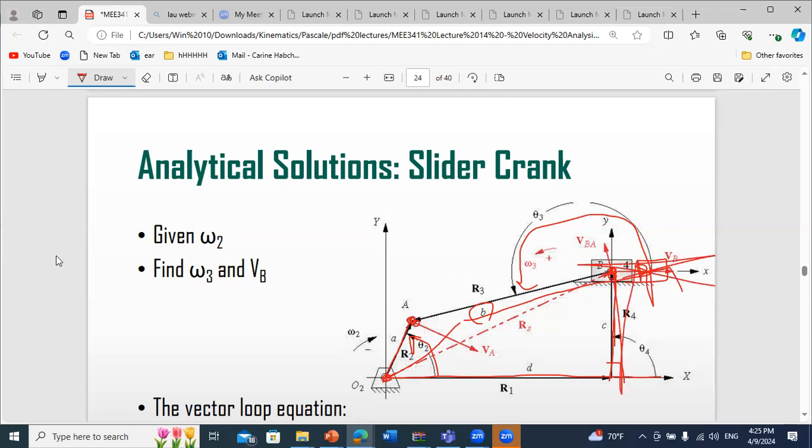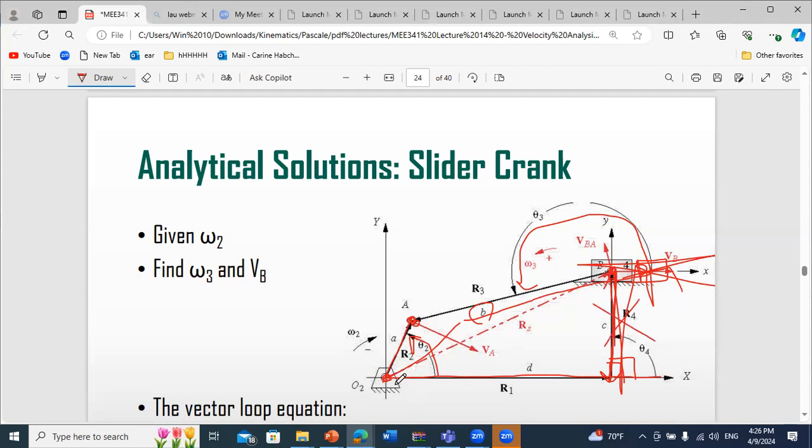This is called the offset distance in such systems. So since the offset distance is fixed, then this vector, which represents the projection vector, is perpendicular always to the horizontal. So this vector R4 will be constant in magnitude and constant in angle. So when you do the derivative to get the velocity equation, the derivative here will be 0.